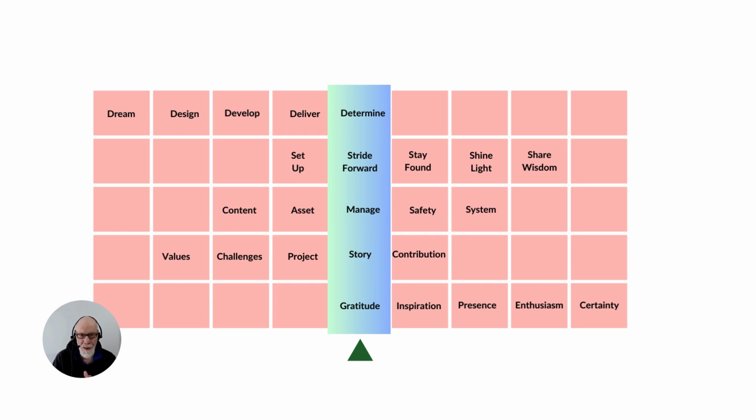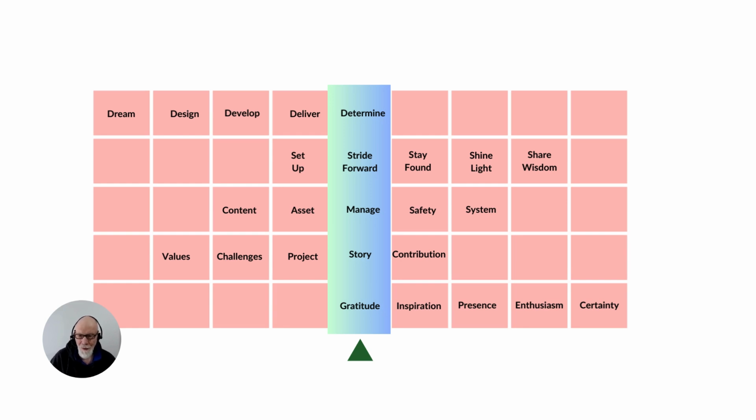Is there anything I need to manage? Maybe there's an edit, add, alter, delete. What's the story here? Because I need to share some updates with the recipients and the contributors, the funders, and I want to make sure that I and everyone else feels the gratitude for this project unfolding the way that it is.